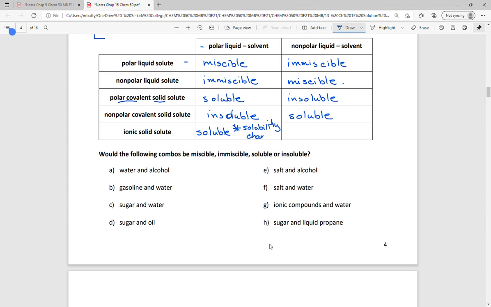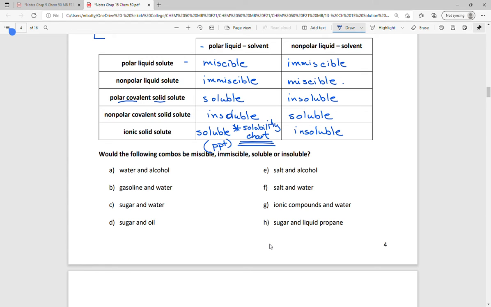When we were talking about precipitation reactions, we looked at a chart to predict if an ionic compound was soluble or insoluble. So theoretically, they are like, and they would dissolve, it'd be soluble, but there are those exceptions on that solubility chart that made the precipitates. Okay, and then the last one, an ionic solid in a nonpolar liquid would be insoluble.